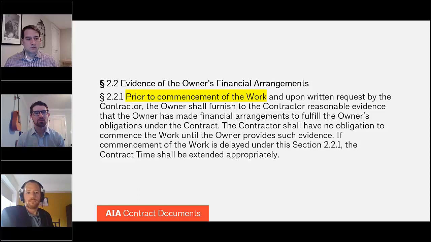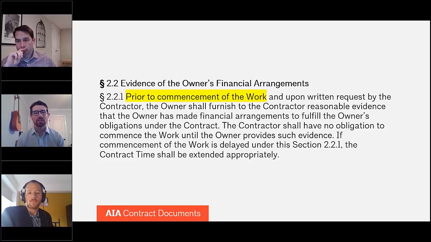If the contract said something like the owner shall provide evidence in the form of a bank statement, that would be something that would be more specific, but perhaps not appropriate for every single project, maybe not even appropriate for any project, and I think we're going to talk about that a little bit later.